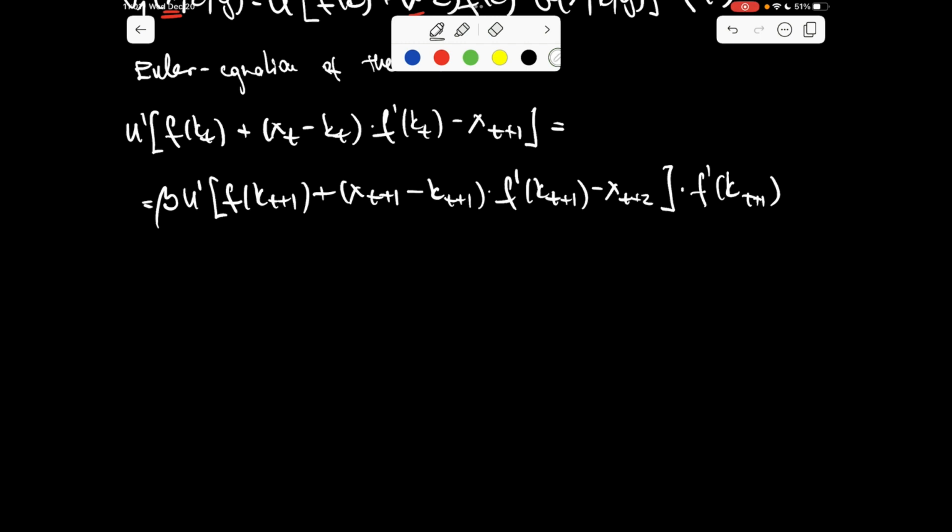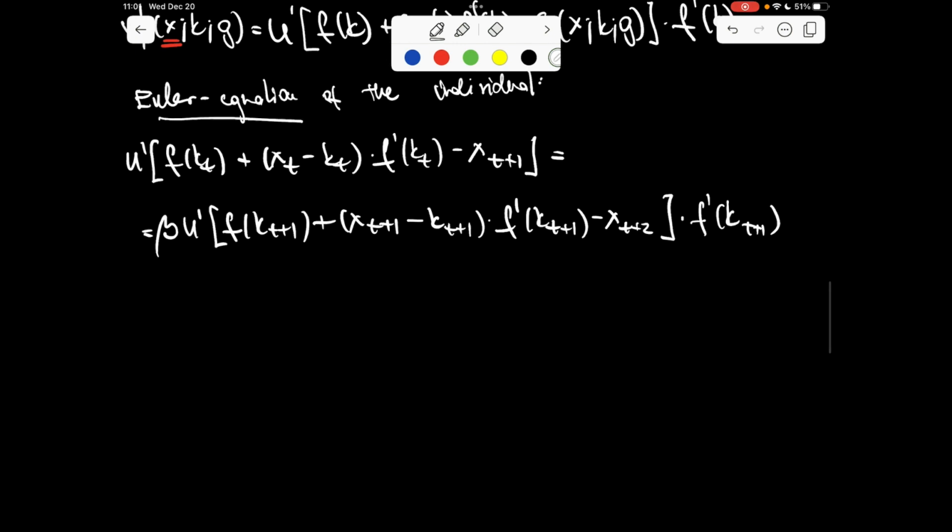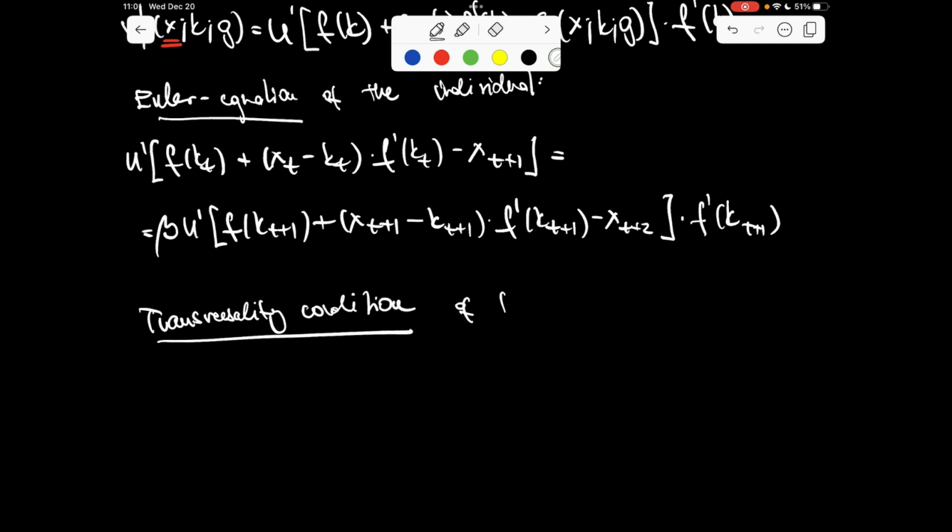So from the Euler equation, we can write the transversality condition of the individual.